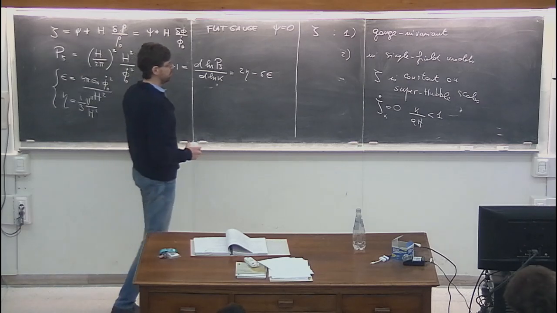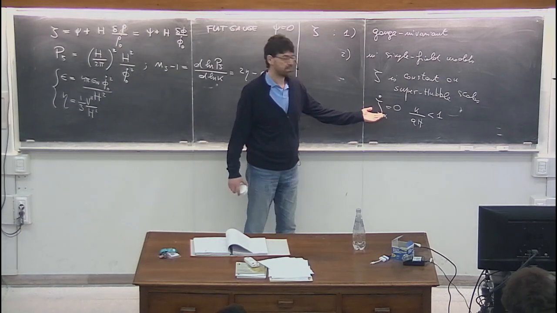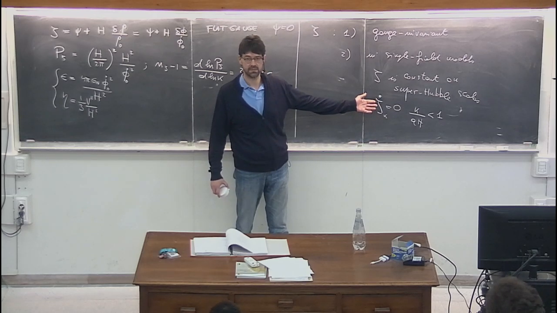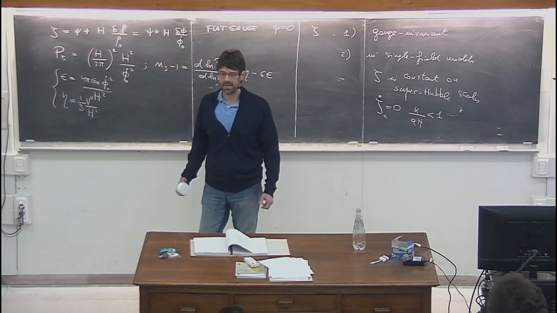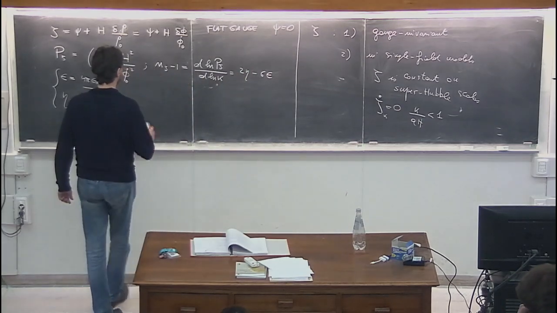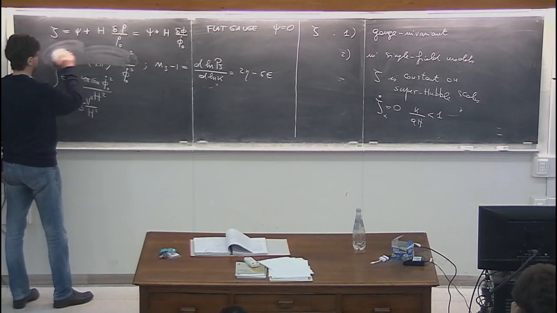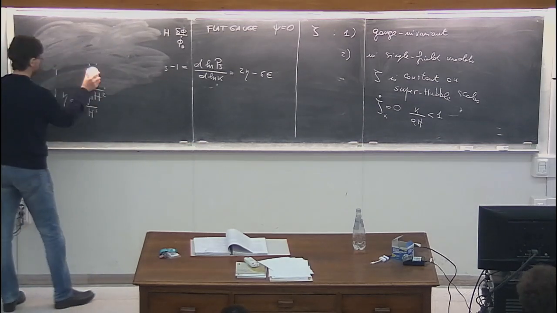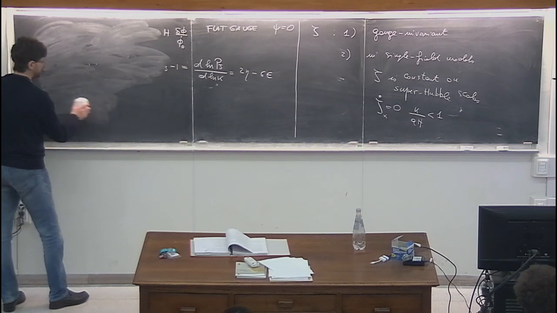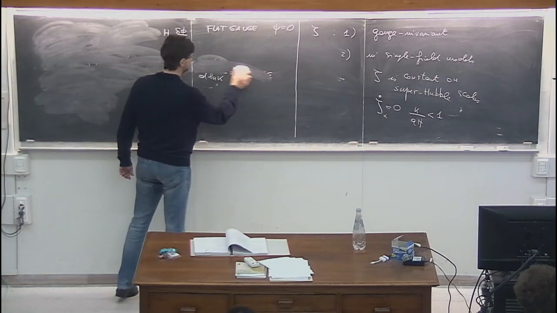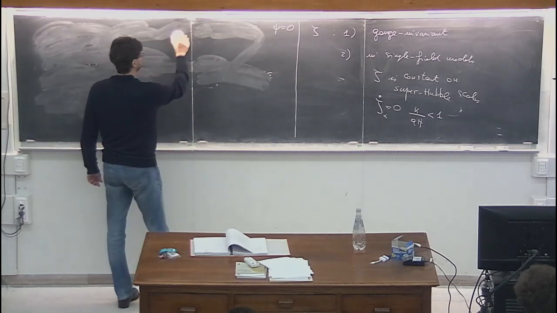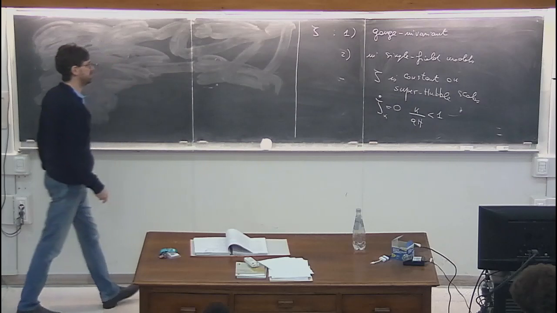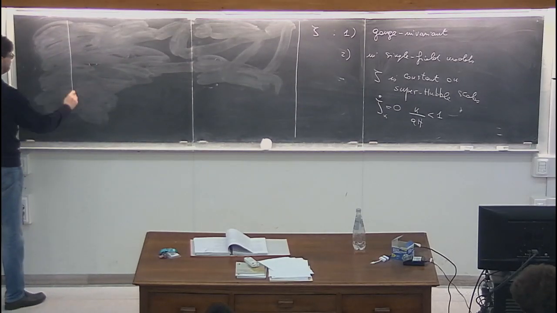Okay? So I will show this property in a minute, but before doing that, I want to tell you why it is important, why it is a crucial step in all this business. Let me explain it by a simple picture, which is the one that we saw already many times, but now it becomes a little bit more clear, I hope.